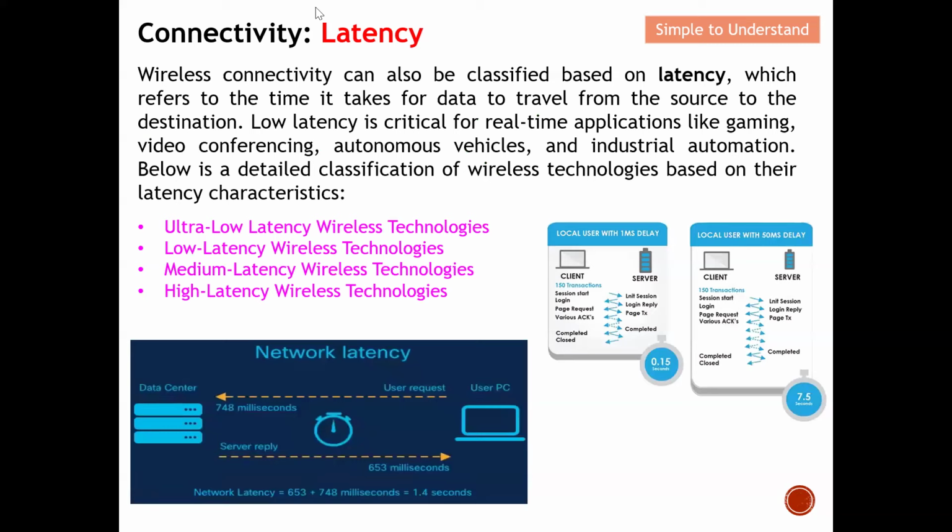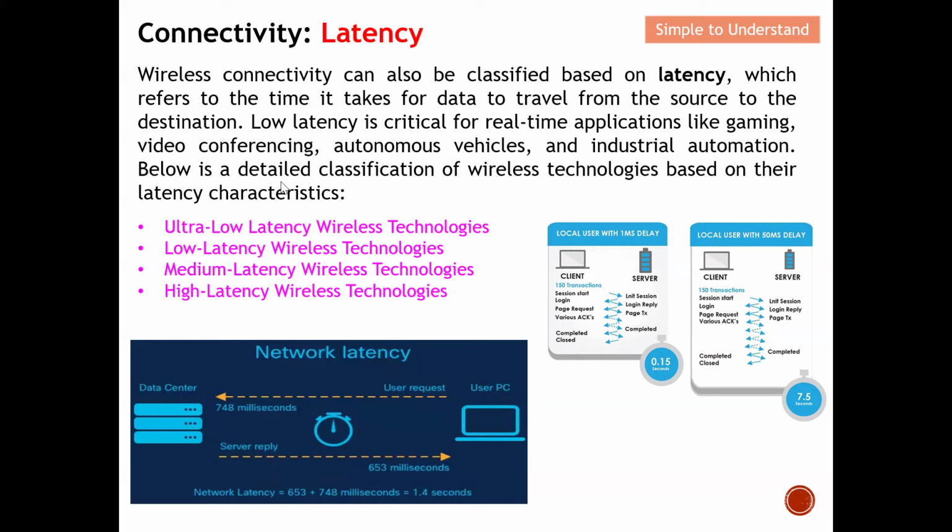Okay, so let's continue in terms of latency. Wireless connectivity can also be classified based on latency, which refers to the time it takes for the data to travel from the source to the destination. Low latency is critical for real-time applications like gaming, video conferencing, autonomous vehicle, and also industrial automation.